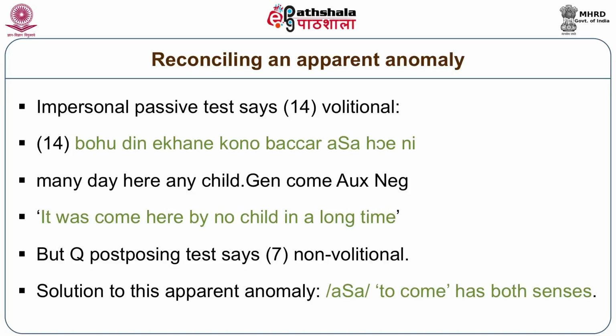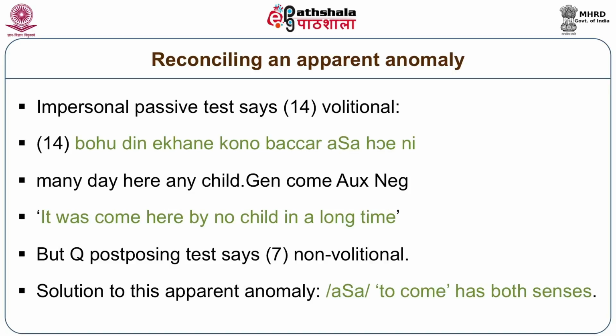For a long time here any child's it was not come. Coming did not happen. If you look at this impersonal passive in Bangla, it was not come by any child here for a long time, in bad English, in a format that English does not allow.